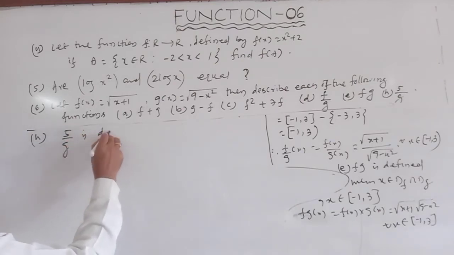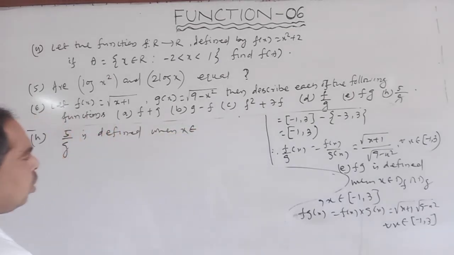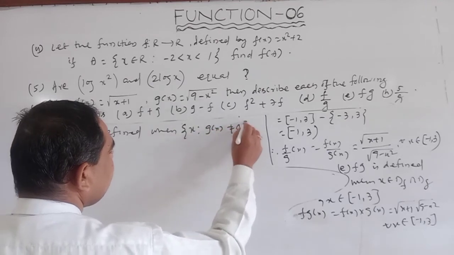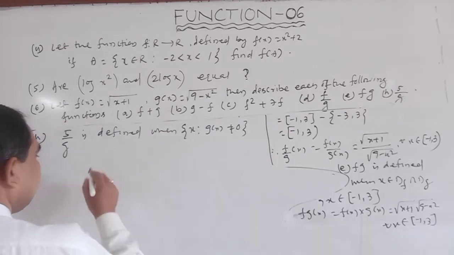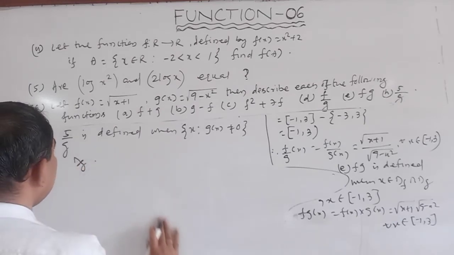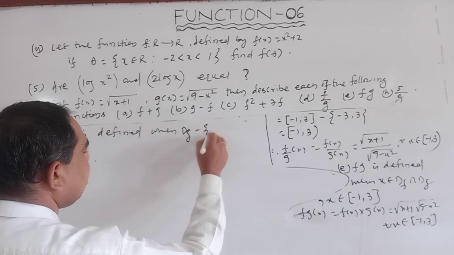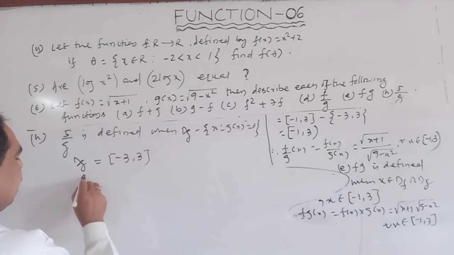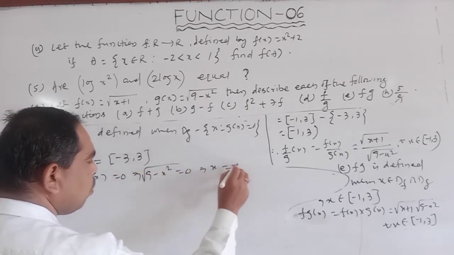Phi by g is defined when x belongs to the domain of g minus x such that g of x is not equal to 0. What is the domain of g? The domain of g is minus 3 to plus 3, closed. g of x is equal to 0 means 9 minus x square is equal to 0, so x is equal to plus or minus 3.